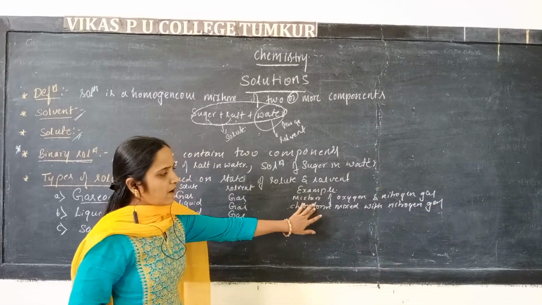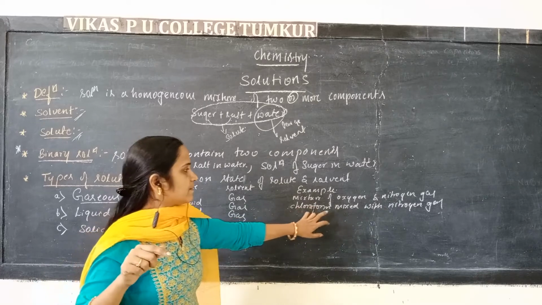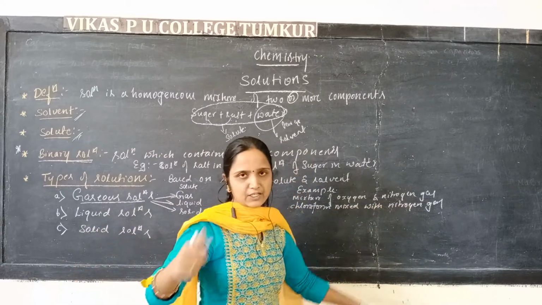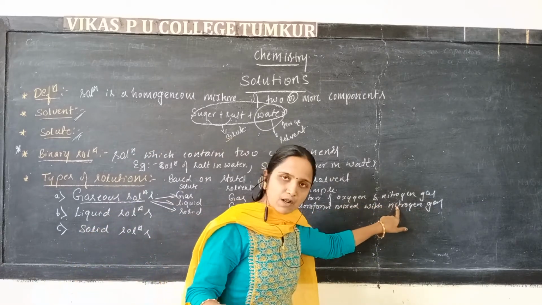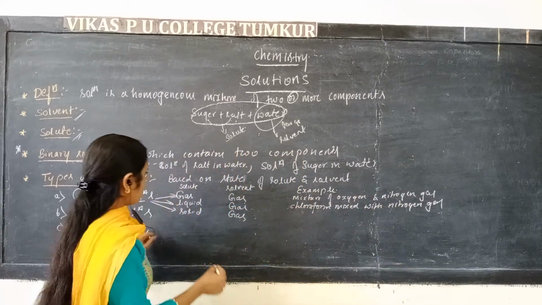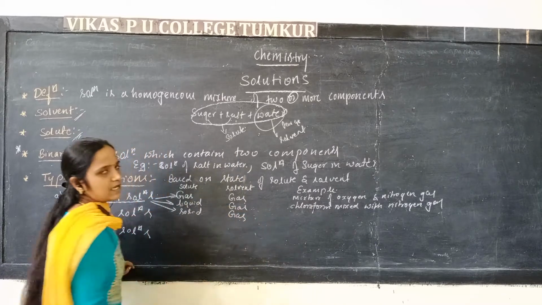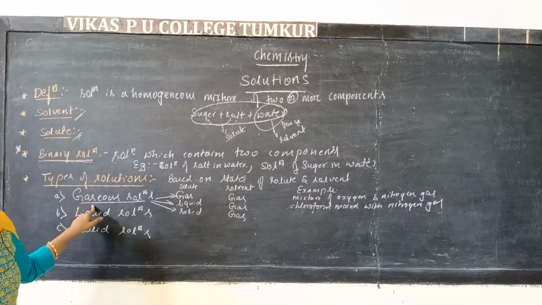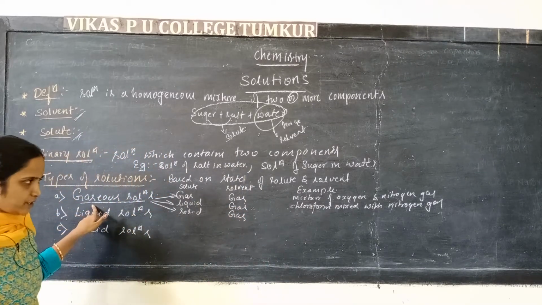The chloroform is in the liquid state, but the nitrogen is in the gaseous state. Nitrogen is the solvent here and chloroform is the solute. This is also a gaseous solution.